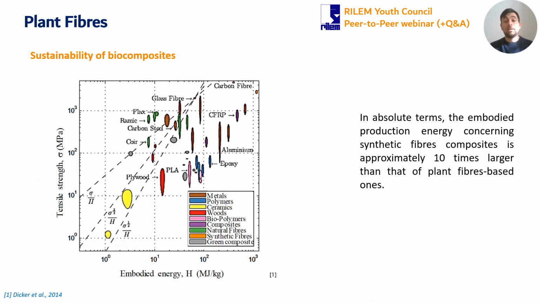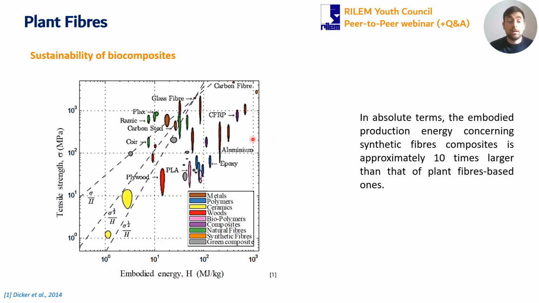The reason why the interest in this class of material is ever increasing can be explained by means of this chart, in which on the x-axis we have the embodied energy, so the energy necessary to produce a material, and on the y-axis the tensile strength. Materials are divided in several classes, and for instance, in green we can see those that are also defined green composites, so plant-based composites.